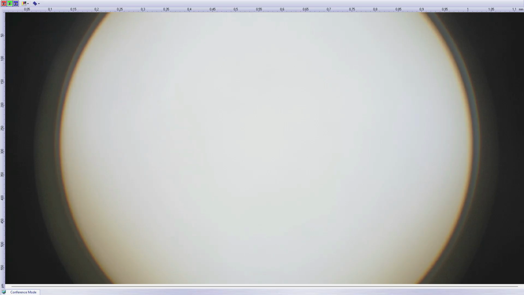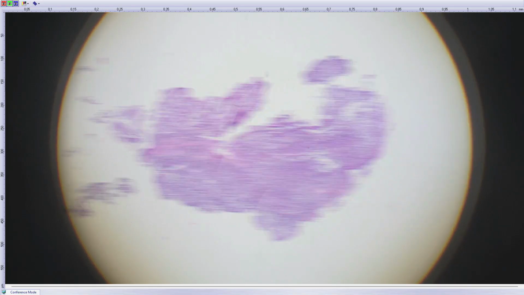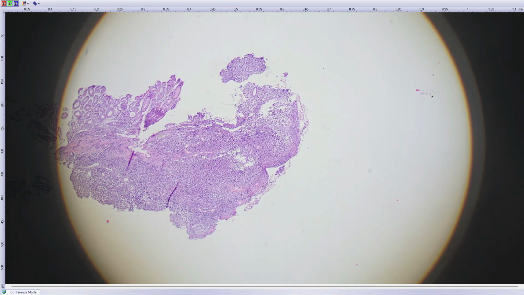Next case, this was an older adult patient with a lesion in his cardiac area, in his or her stomach. I don't remember the gender, doesn't matter.